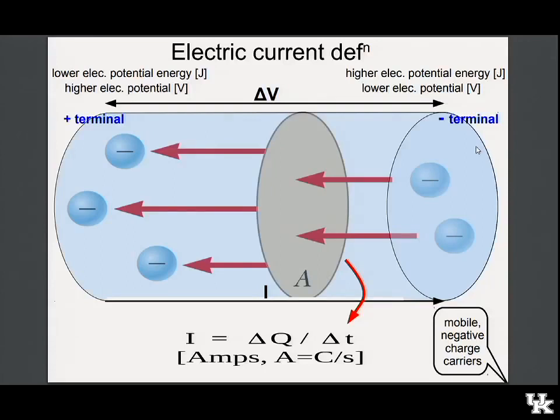If we move negative charges the other way, from the right to the left, again we're making the right-hand side more positive because we're pulling away electrons, and the left-hand side more negative because we're putting electrons there. So although they're different charge carriers, plus or minus, and they move in different directions, they have the same effect. We define the same direction of the current.